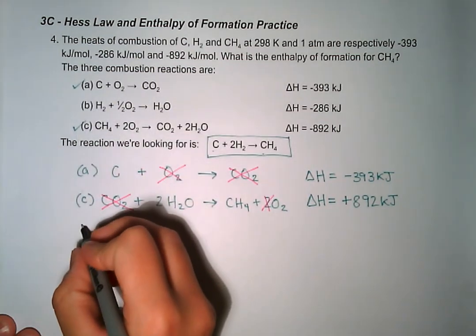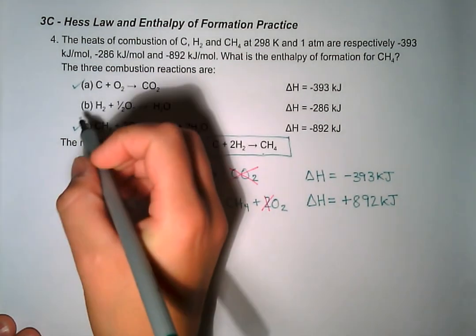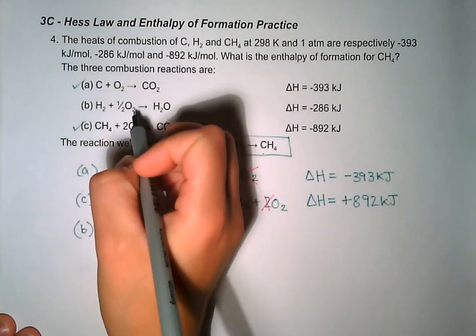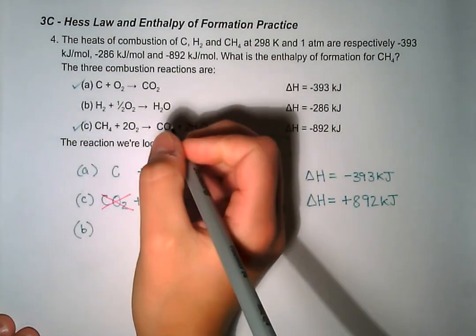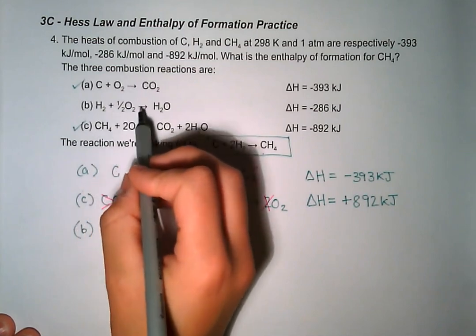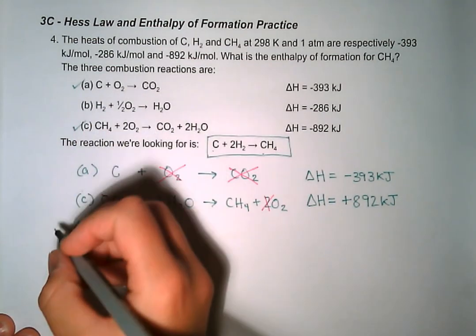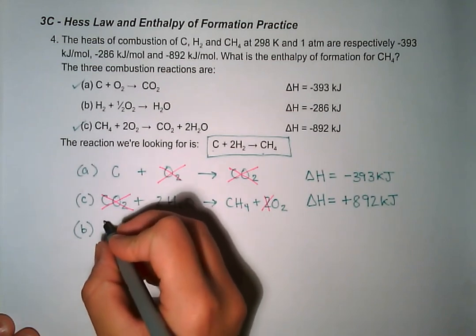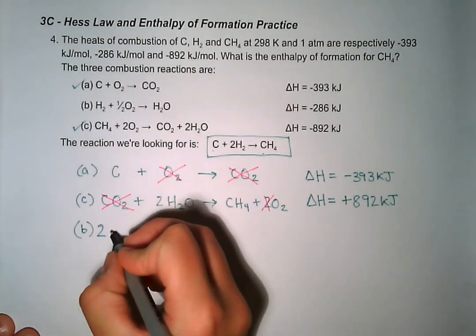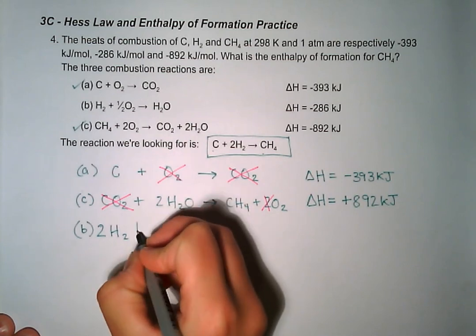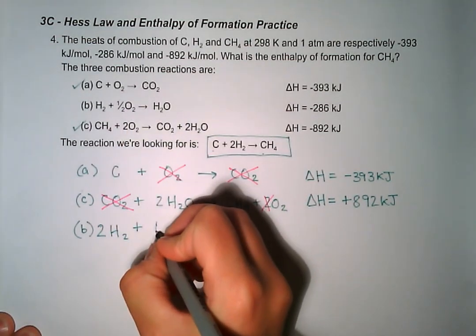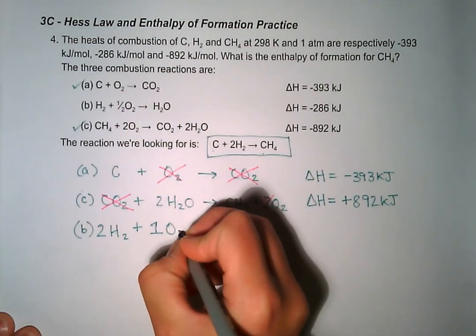So in order to get the correct number, I'm going to multiply reaction B by 2. I'm going to multiply the whole thing by 2. So it's just like algebra. If I do something to one side of the reaction, I do it to the other. So instead of one H2, I'm now going to have two H2s. Instead of half of an O2, I'm now going to have one whole O2.